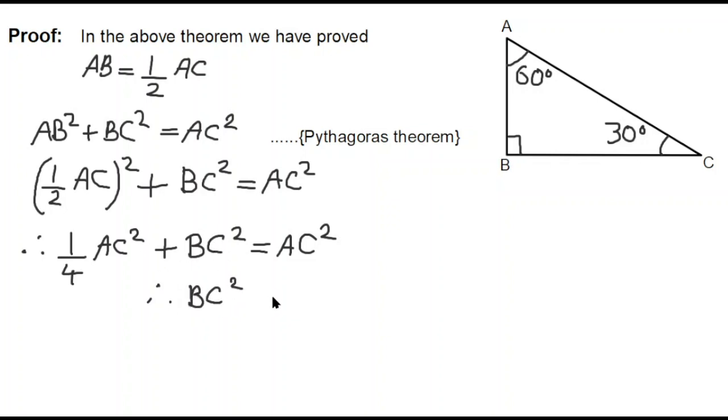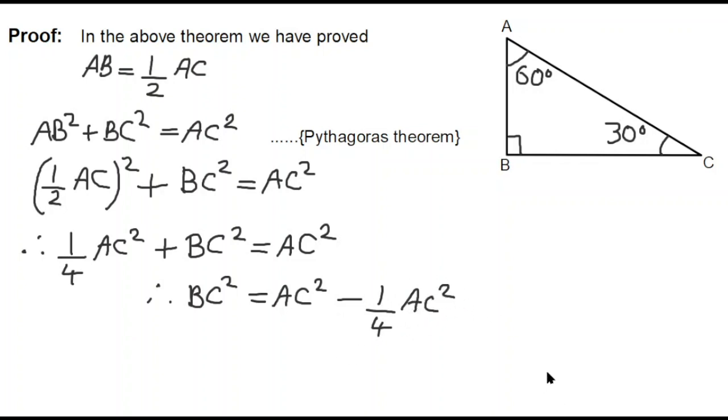BC square is equal to AC square, and 1 upon 4 AC square, if we take it to the right hand side of the equal to sign, we will get minus 1 upon 4 AC square.